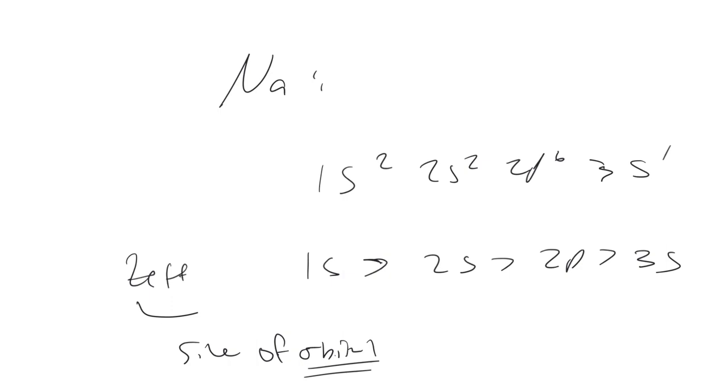You can compare the effective charges of other subshells other than just the outer valence electrons. For sodium, its 1s would be greater than its 2s effective nuclear charge, greater than its 2p, greater than its 3s. We were using this for zinc to reason out that its 4s experienced a lower charge than the 3d. So being further away gives that subshell a lower overall effective charge than other subshells that are closer to the nucleus.